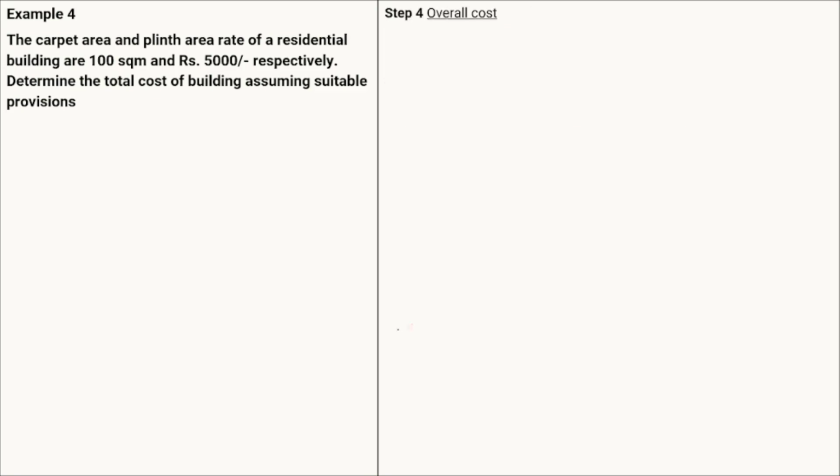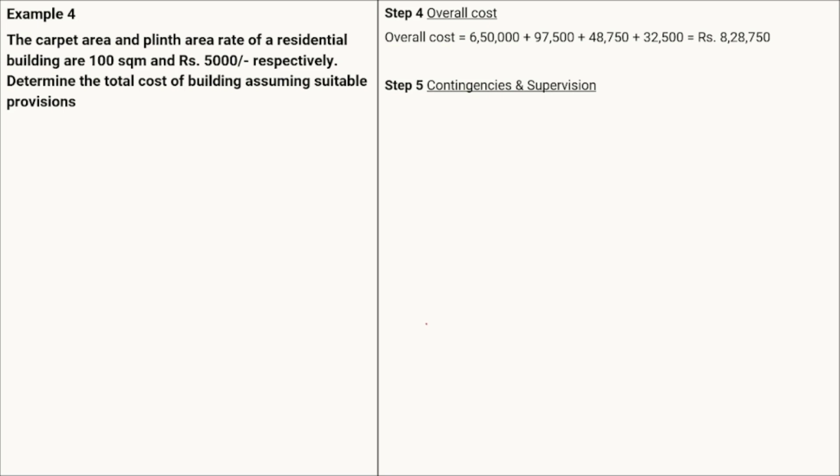Next will be your overall cost, which is the cost of the building plus the cost of the services. Then contingency and supervision. For the contingencies we are taking 4%. For the supervision, we can avoid it. Just remember that for this overall cost, if it is a suitable provision, the contingencies are a must, and you can avoid the supervision.